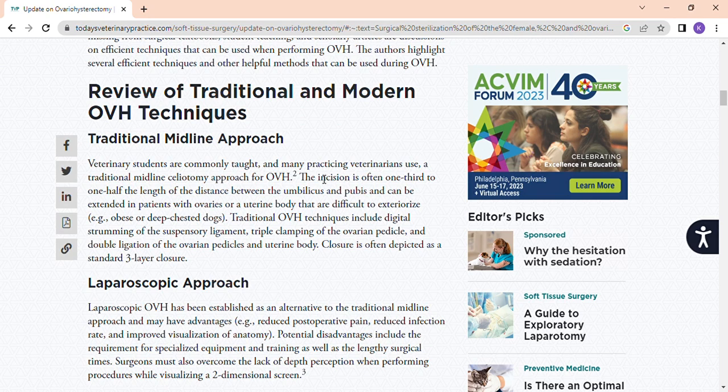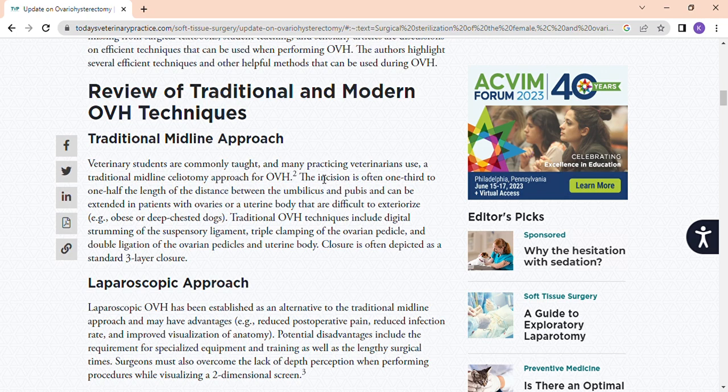The traditional midline approach is common in practice among veterinarians all around the world. Veterinary students are commonly taught, and many practicing veterinarians use, a traditional midline celiotomy approach for OVH. The incision is often one third to one half the length of the distance between the umbilicus and pubis and can be extended in patients with ovaries or uterine body that are difficult to extrude.